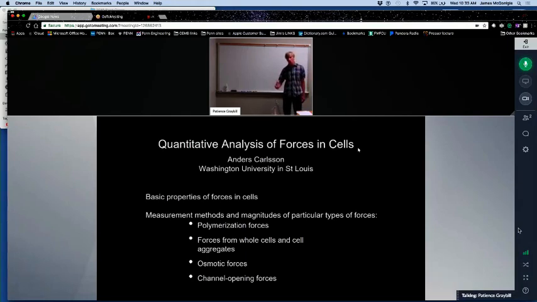And then we'll also look at forces from whole cells and collections of cells. And then we'll look at other types of forces, including osmotic forces and also the kinds of forces that open channels in cell membranes. But the first thing is we need to decide what is force. And in this case, it's not as obvious as it seems.